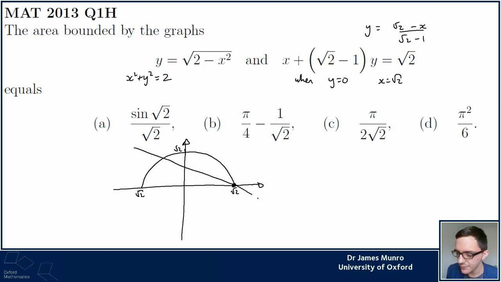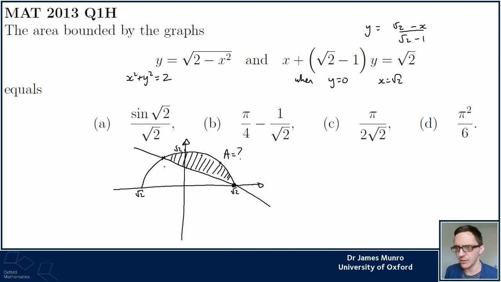Okay. And I suppose this area is the area we want to find between the semicircle and this straight line. Okay. So the suggestion is that we find, I suppose, this point and then use what we know about the area of a circle and the area of a triangle, I suppose, to work out what that shaded area is.